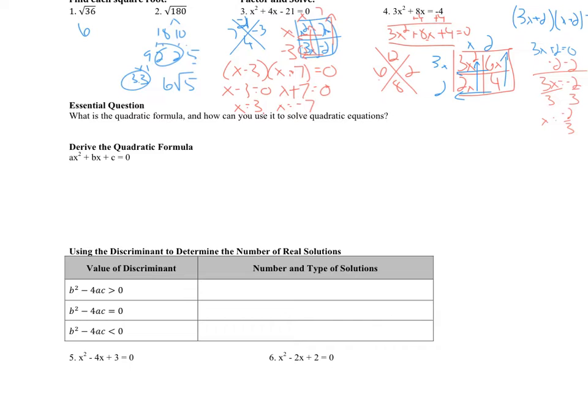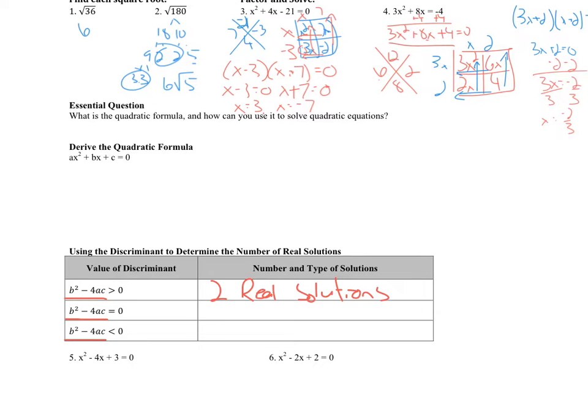All right, so using the discriminant to determine the number of real solutions. The discriminant is b squared minus 4ac, and there are 3 cases that we have: when it's greater than 0, when it's equal to 0, and when it's less than 0. When it is greater than 0, we have 2 real solutions.